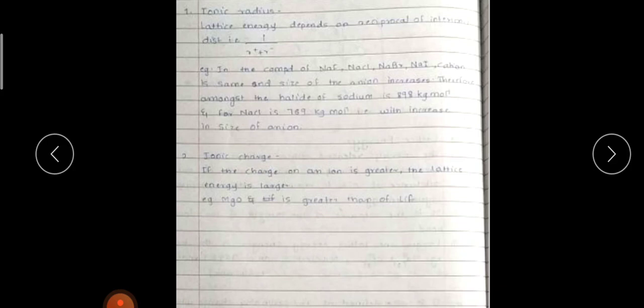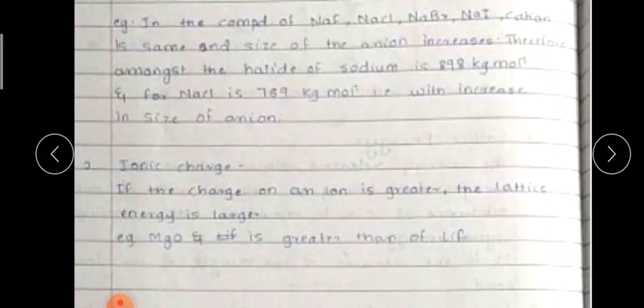That is 1 upon R plus plus R minus. Example, in the compounds NaF, NaCl, NaBr, NaI, the cation is the same and the size of the anion increases. You can see from fluorine to iodine, the size of the anion increases.